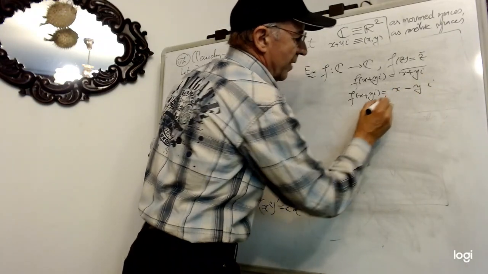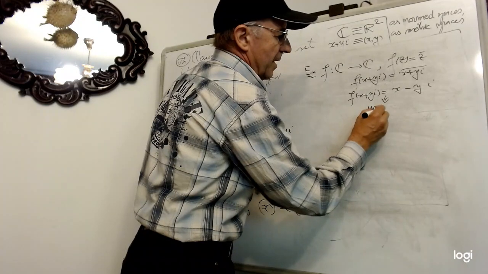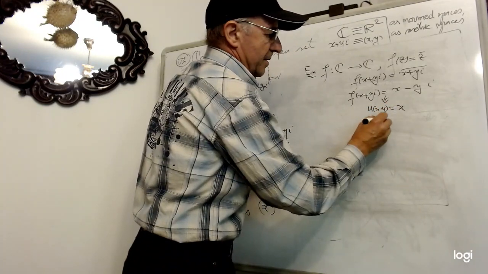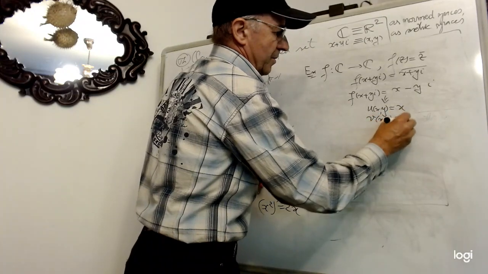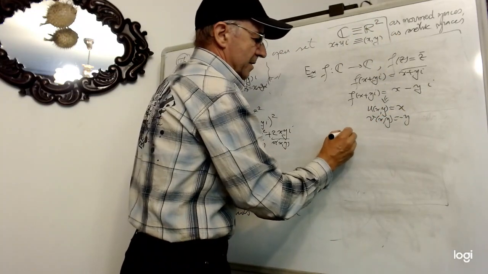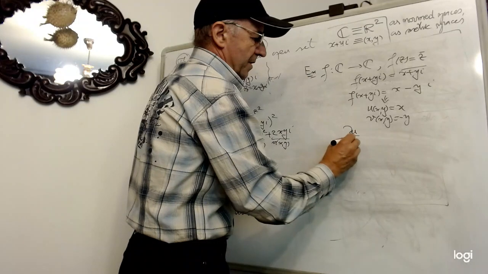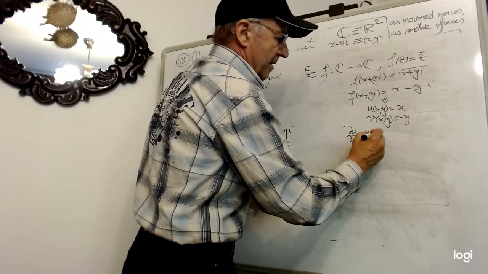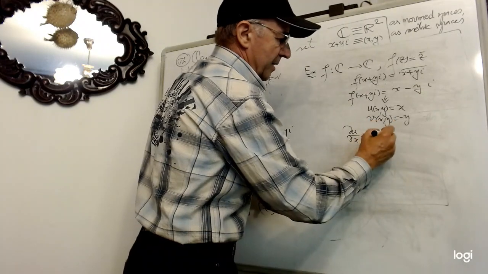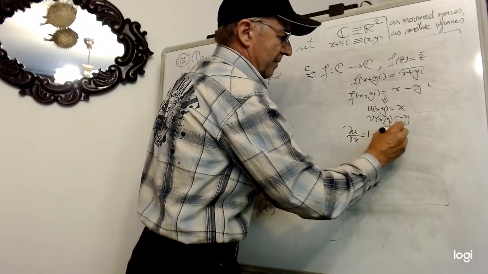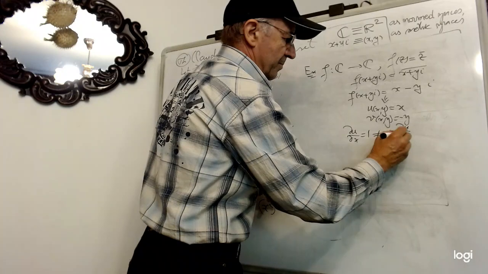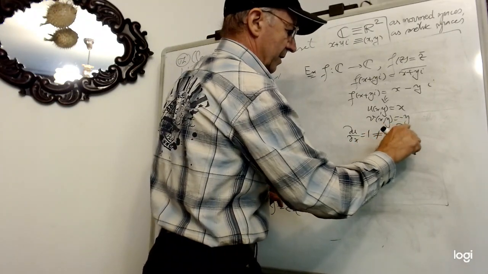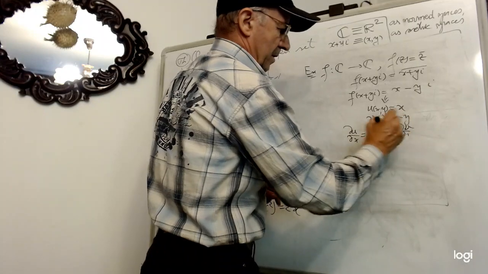From this we identify u of x and y is just x, v of x and y is minus y, and in this case the derivative of u with respect to x is 1, but it is different from minus 1, which is the derivative of v with respect to y.